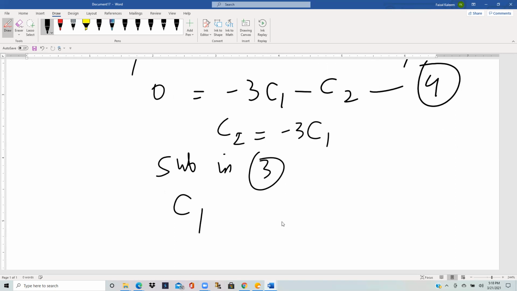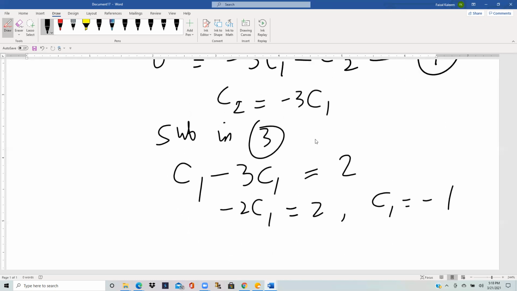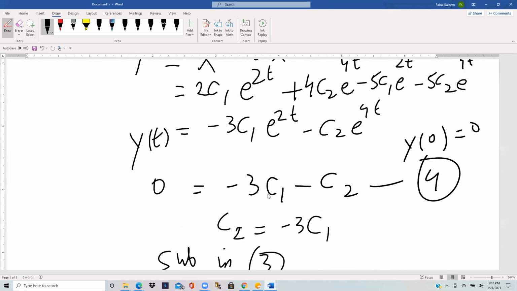3 was c1 plus c2 is equal to 2. So c1 plus c2 means c1 minus 3c1 is equal to 2, negative 2c1 is equal to 2, so that gives us c1 is equal to negative 1. And then c2 would be negative 3c1, negative 3 times negative 1 is equal to 3. So we have both c1 and c2, and we have both x and y.